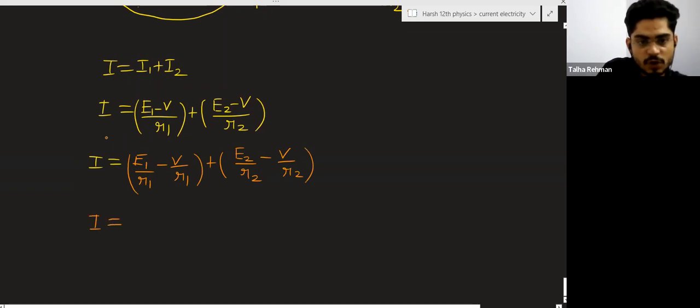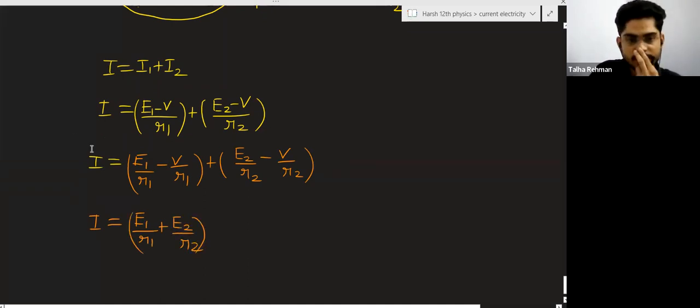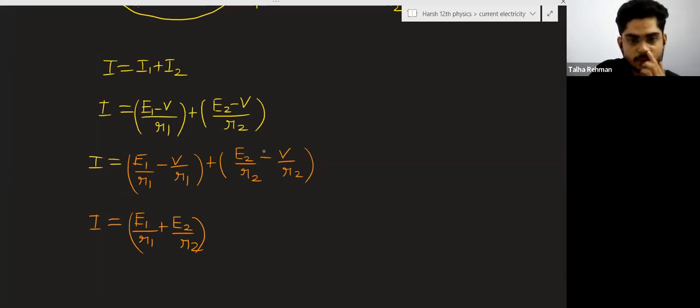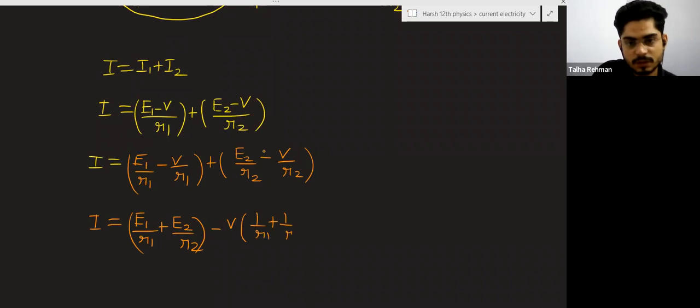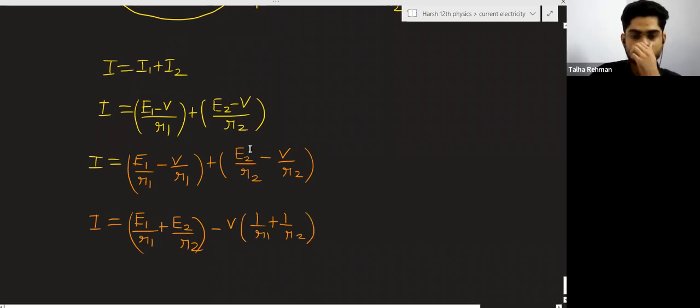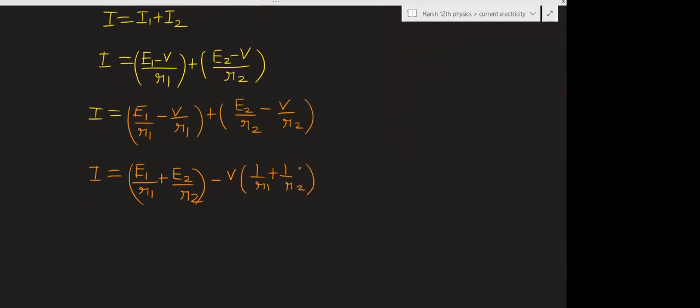Now further you will solve, you will get E1 divided by R1 plus E2 divided by R2. Now you will take common V, you will write 1 upon R1 plus 1 upon R2.